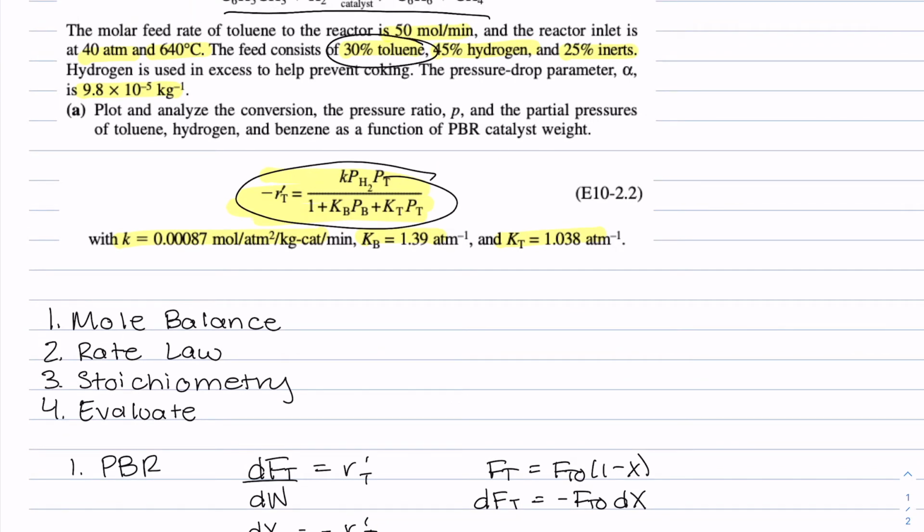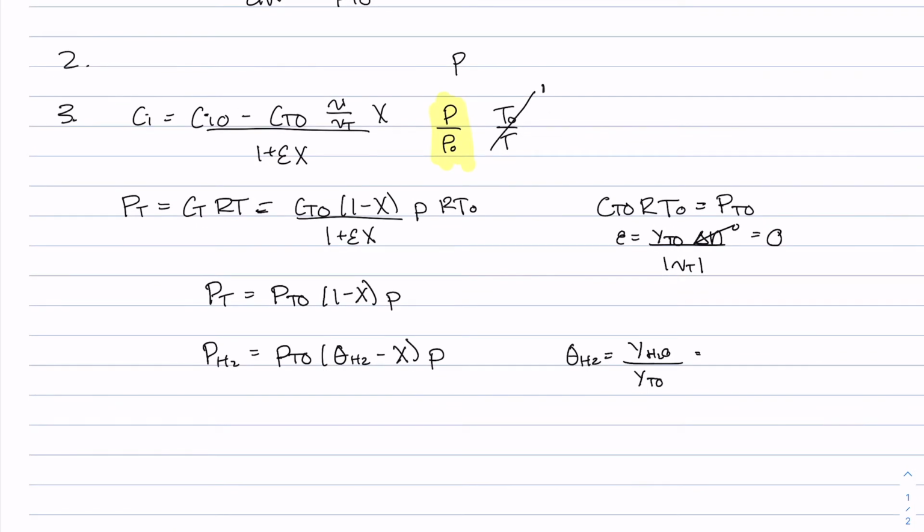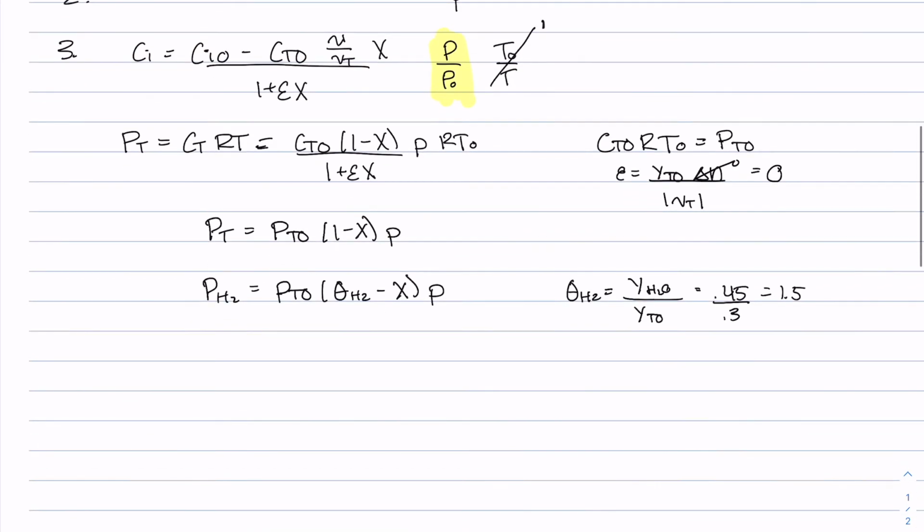Toluene is 0.3, where hydrogen is 0.45. Plugging that in, you can see that 0.45 over 0.3 is equal to 1.5. Therefore, the pressure of hydrogen is equal to the initial pressure of toluene times (1.5 minus X) times the pressure ratio.